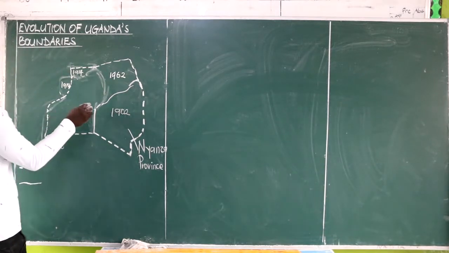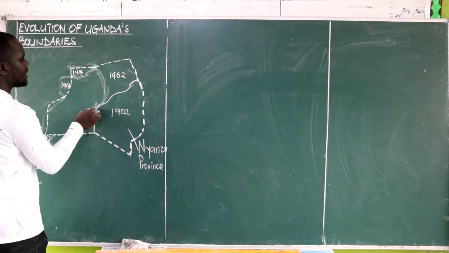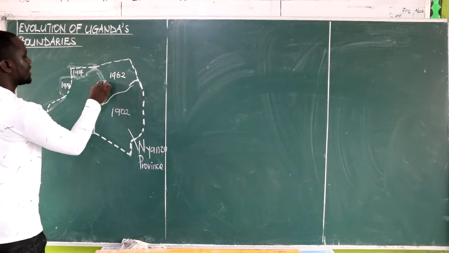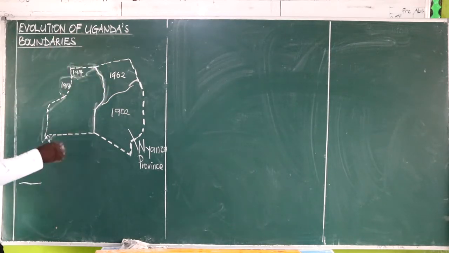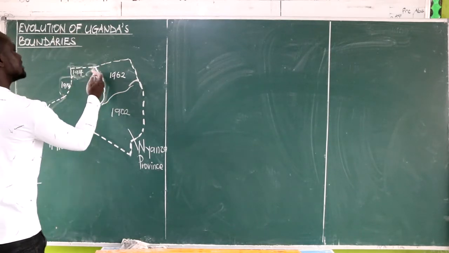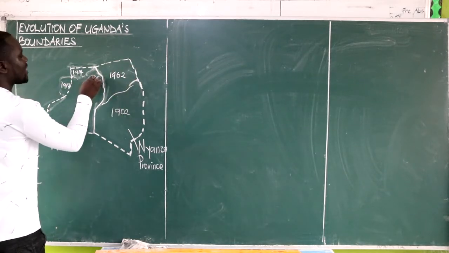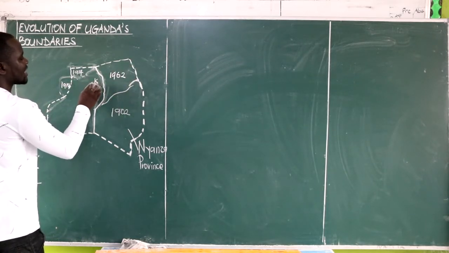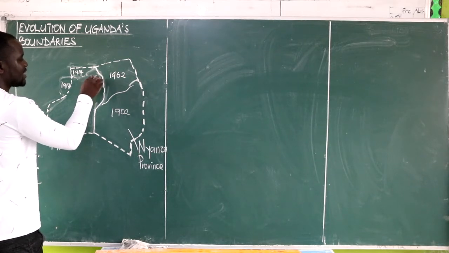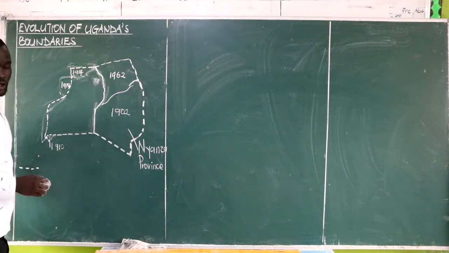And then we have the northeastern part. This is the northeastern part. And another border was fixed here to cut this northeastern part from this side. Now here we have the people we call the Karimojons. This is where we find the Karimojons. They are pastoral communities.